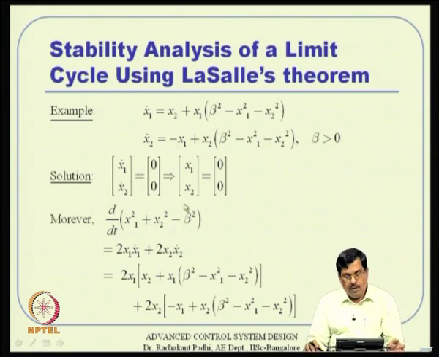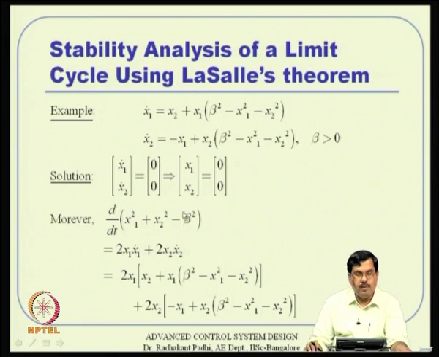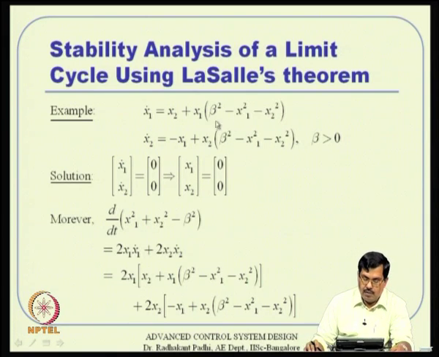However, you can also analyze this expression with respect to the system dynamics. This is the same expression as you have here, with a negative sign probably. Okay. So, if you take d by dt of this expression x 1 square plus x 2 square minus beta square, where beta is a constant anyway, then it turns out it is 2 x 1 times x 1 dot plus 2 x 2 times x 2 dot. Then you substitute x 1 dot and x 2 dot with those expressions here.